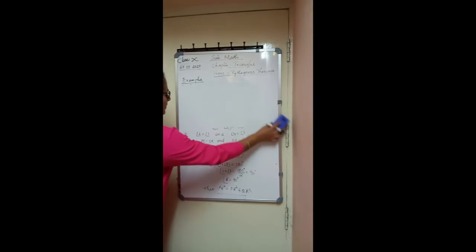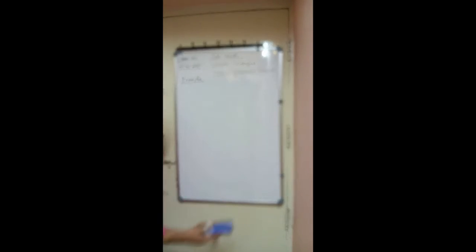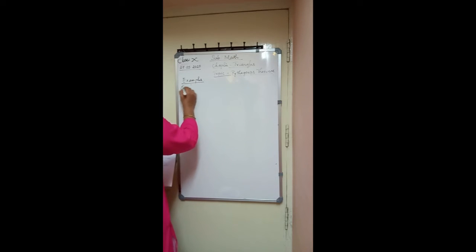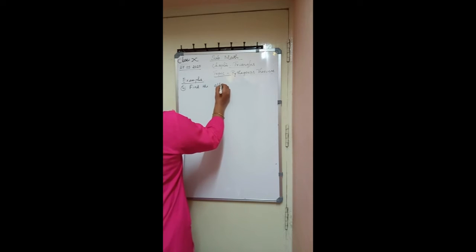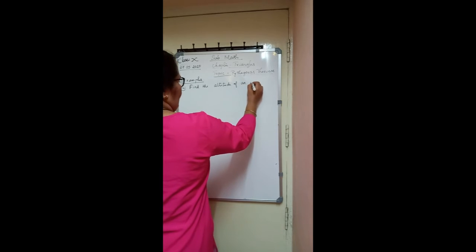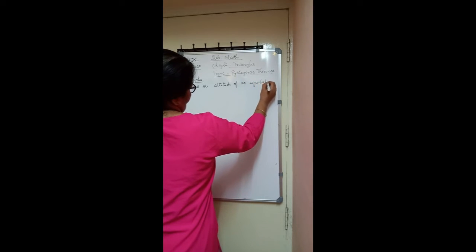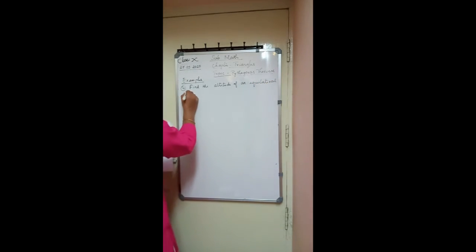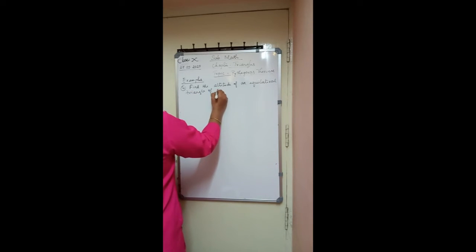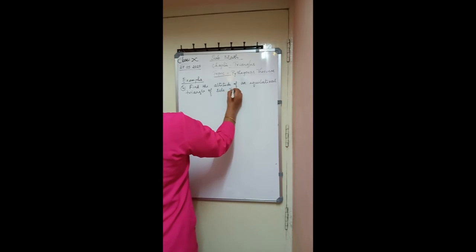Example 4. Find the altitude of an equilateral triangle of side 8 centimeter.